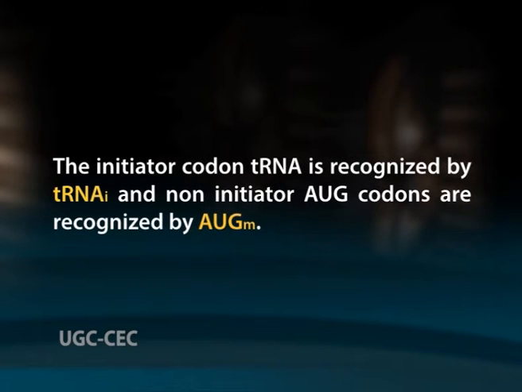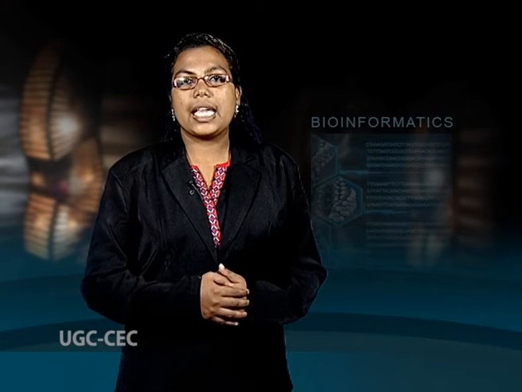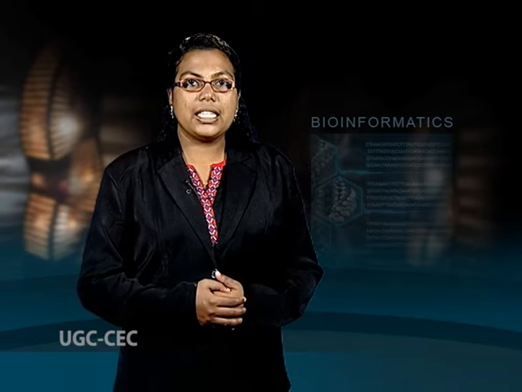The initiator codon tRNA is recognized by tRNA i and non-initiator AUG codons are recognized by tRNA m. The same methionine tRNA synthetase is responsible for adding methionine residues to tRNA i and tRNA m. The initiator tRNA in eukaryotes carries an unmodified methionine, that is, not formylated as in prokaryotes.